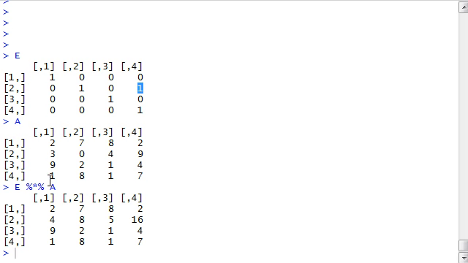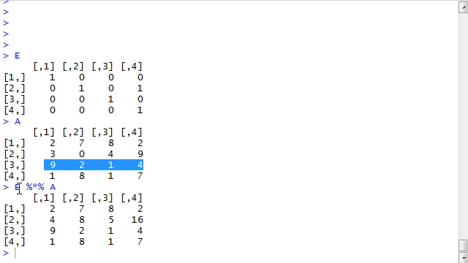The reason that we're adding the fourth row to the second row is really because the off-diagonal element here of E is in the fourth column. Had this 1 instead been here in the third column, the effect would be to add the third row of A to the second. So we can conclude the following.